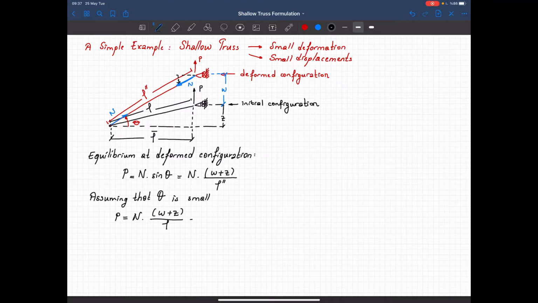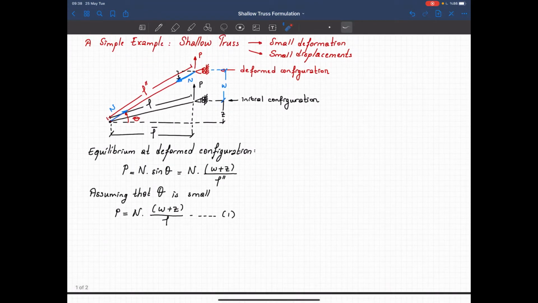So that's our first equation. So here again we said small displacement, so here I use that assumption. So instead of using the final length, I use the original length. Okay?